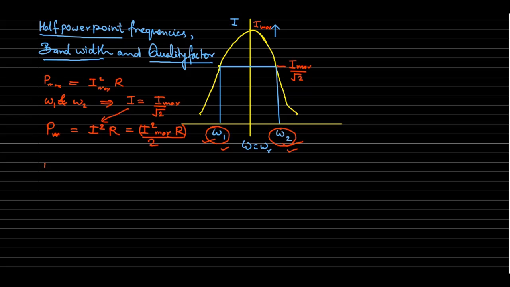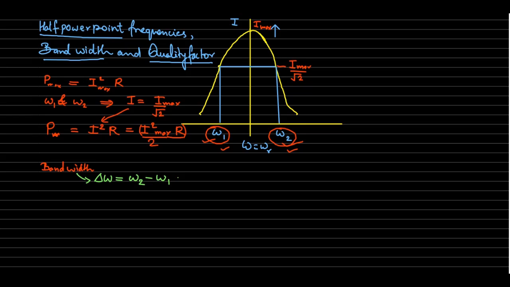Now second thing, we are going to define bandwidth. Now what is the bandwidth actually? See, the difference of half power point frequencies, omega 2 minus omega 1, is the bandwidth.